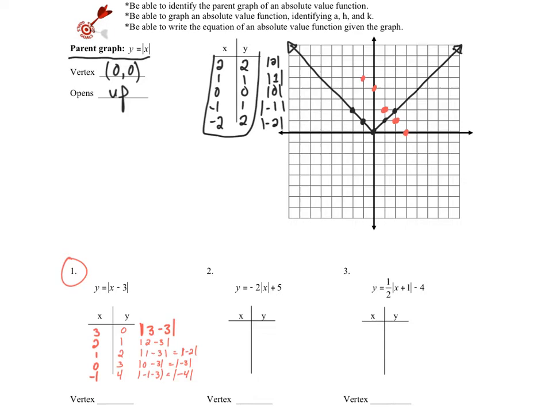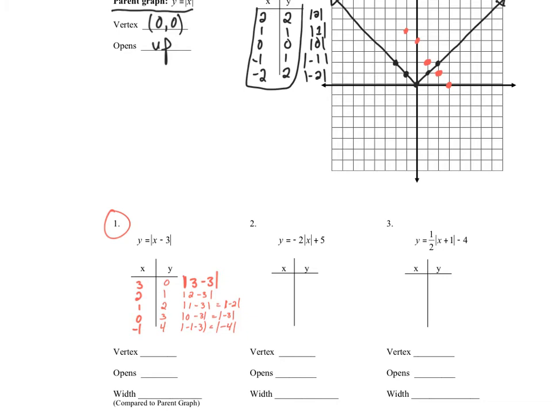Let's put 4 in for x. So if x is positive 4, you would get 4 minus 3. Sorry, I'm all over the place here. Let me zoom in. This would be 4 minus 3, which would be 1. And the absolute value of 1 is 1. So 4, 1 would be your other point.